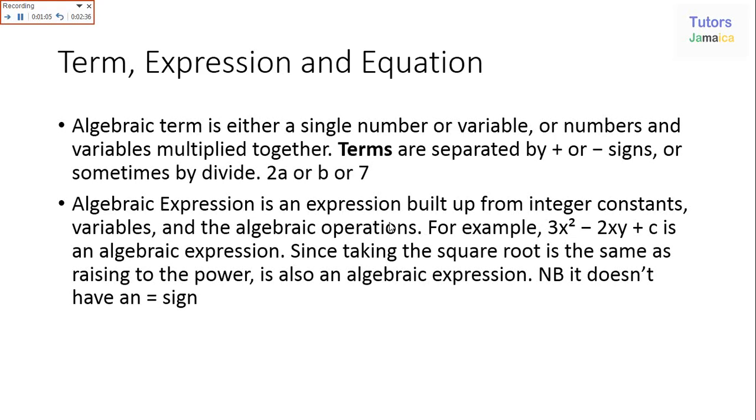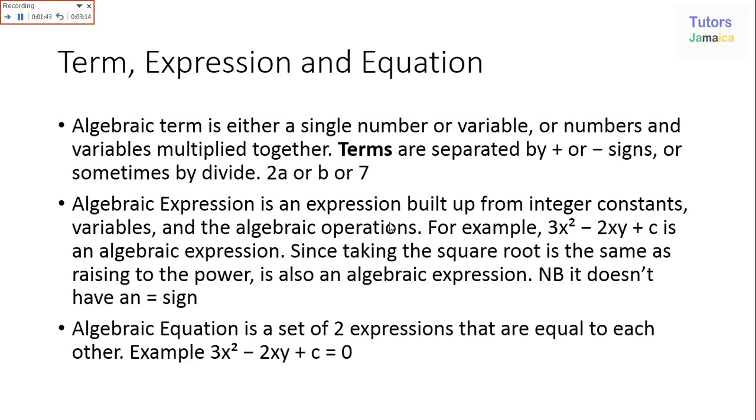Since taking the square root is the same as raising to a power, it's also an algebraic expression. So note well, it does not have an equal sign. So 2x plus y is an algebraic expression, we don't know what that is. We just know that 2x plus y. We don't know anything else about 2x plus y. All we know is 2x plus y. So there is no equal sign.